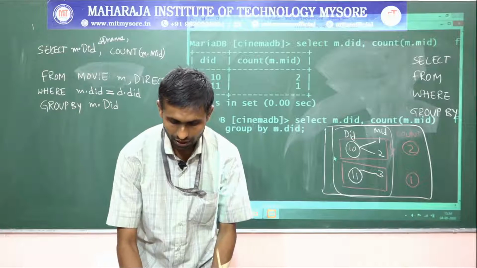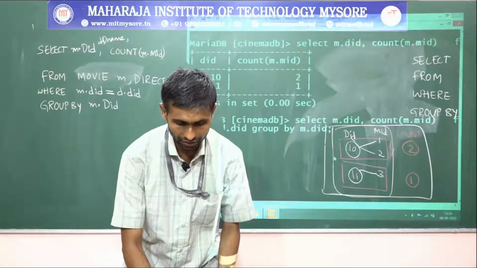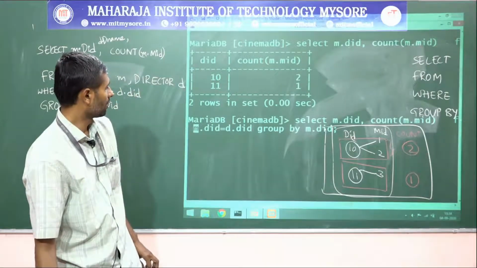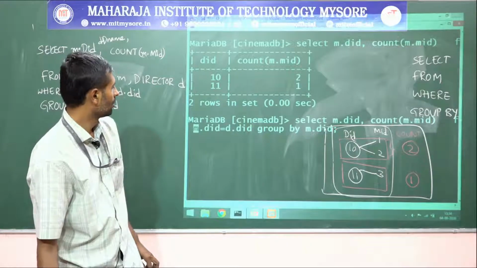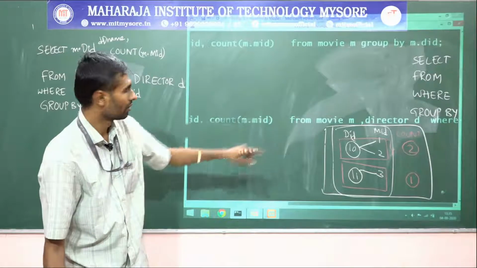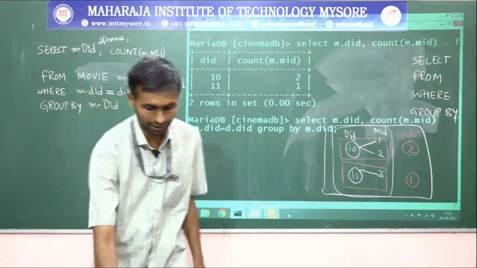This kind of condition is always written in a where clause. So in the where clause we have written M dot DID is equal to D dot DID.